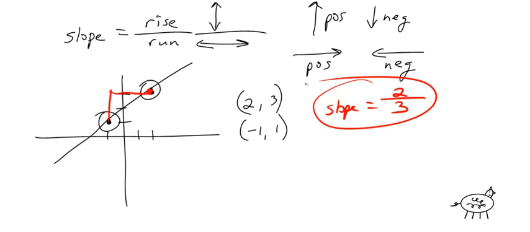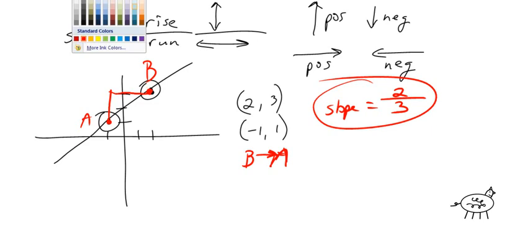Now, my question to you, math fans, is instead of going from point A to point B, do you guys agree I went up 2 and over 3? What happens if I go from B to A? How does that change it? Does that make it negative 2/3? Well, let's check it out. I'll do this in a different color, a blue, just so you can see it.